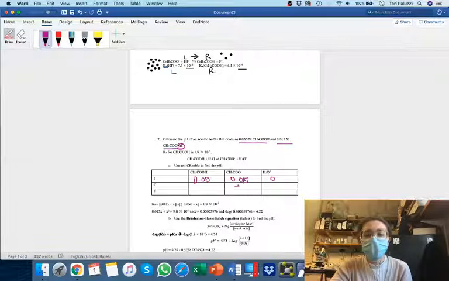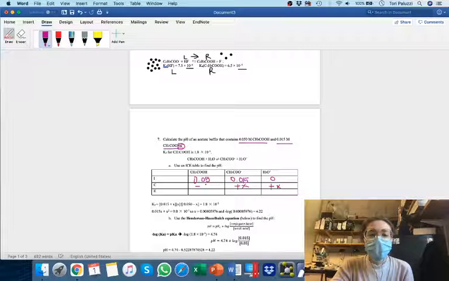So I'm going to get plus X on this side, and that's going to be for both my conjugate base and for my hydronium ions. And then I know that my acetic acid will be less, so minus X. So then when we drop these down here, we just do 0.05 minus X, etc. So you see I've plugged that in and I've set it equal to the Ka value, as you should, because remember, Ka equals the concentration of our two products divided by the concentration of our reactant.